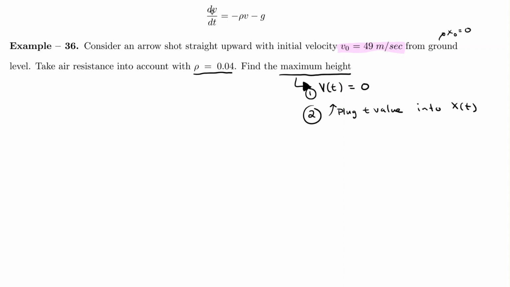So in this case, we can use our differential equation that models this situation. dv/dt equals negative 0.04 times the velocity minus, and here since we're using meters as one of our units, we'll use the gravitational constant in terms of meters per second squared, and that'll be 9.8.